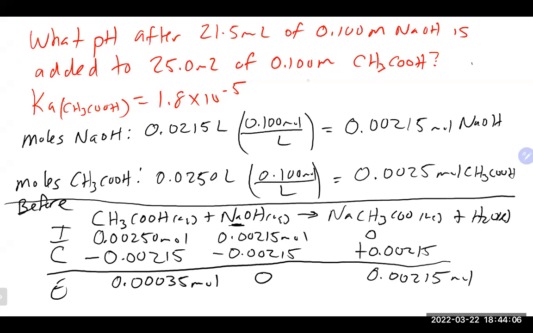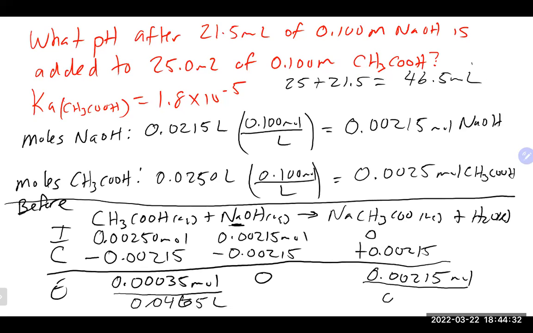We're going to get our total volume here. So we started with 25 and added 21.5 milliliters. That is 46.5 milliliters. We're going to divide these by that converted to liters, 0.0465 liters.